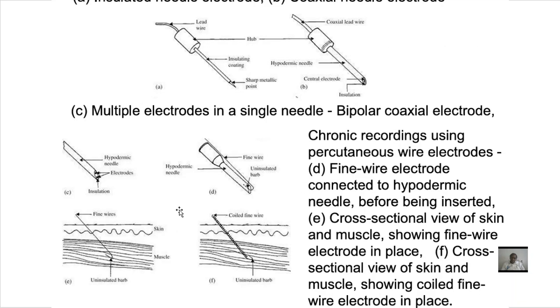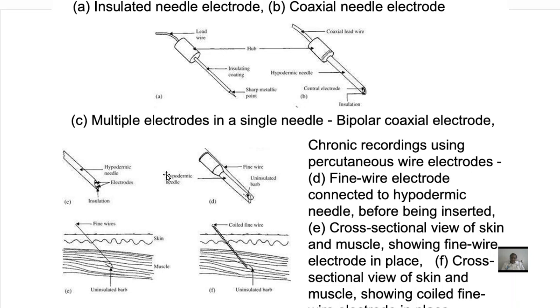Next, here we are seeing the diagrams of the insulated needle electrode. B is the coaxial needle electrode. Generally, in the internal electrode, one type is the needle electrode.